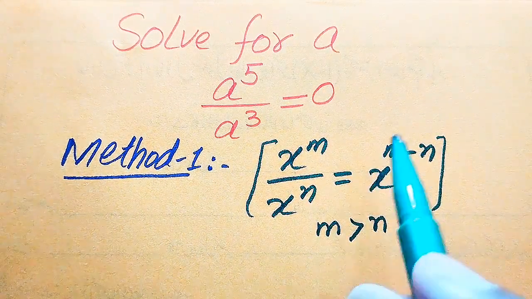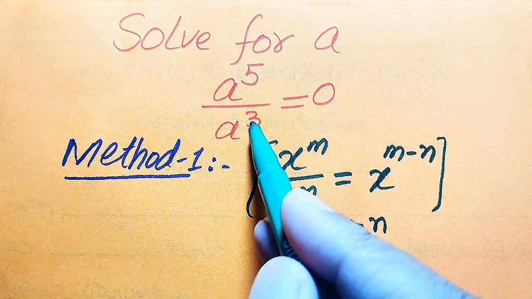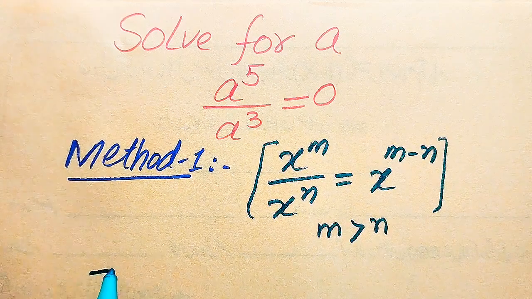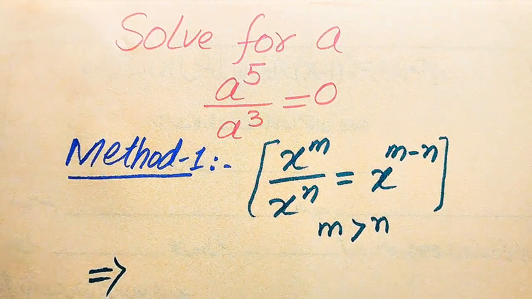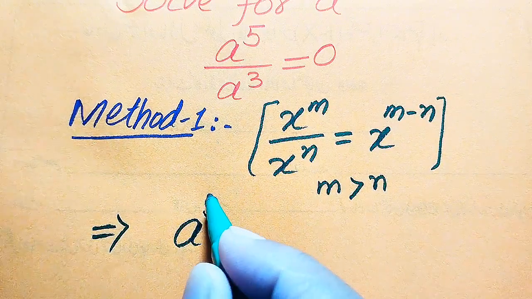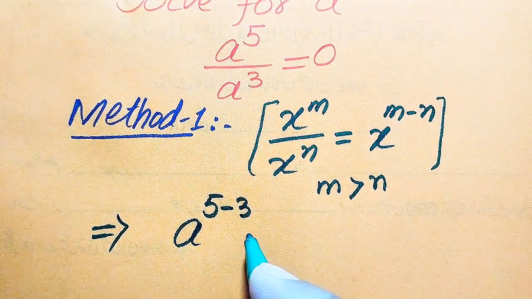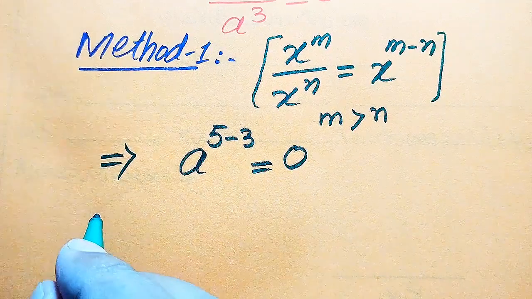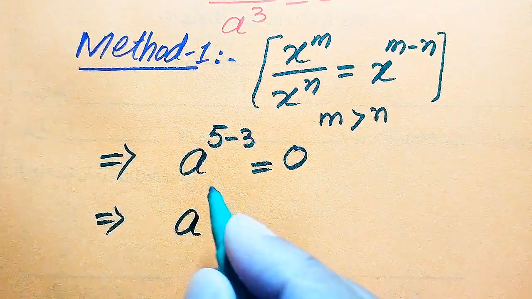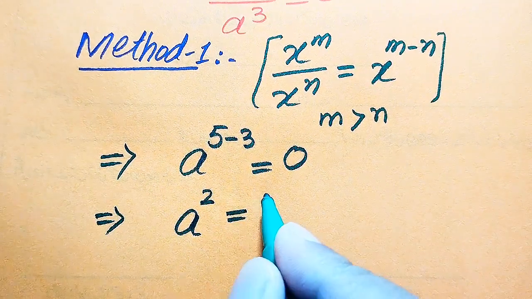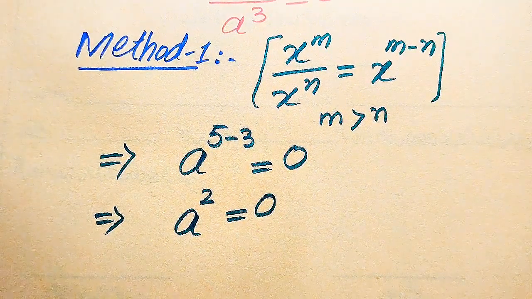So according to this rule, you see here the exponent 3 is the smaller exponent. We move this towards a, and after moving it, it will be written as a to the power of 5 minus 3 is equal to 0. And here we easily get a to the power of 5 minus 3 becomes 2, and this whole equation is equal to 0.